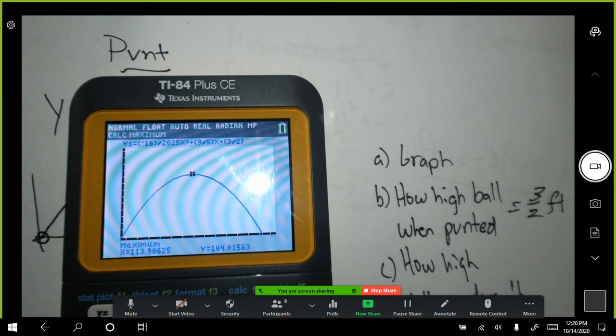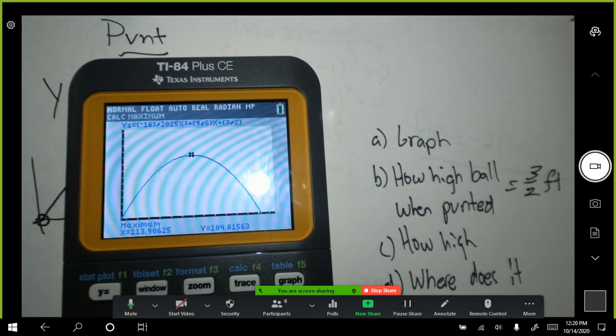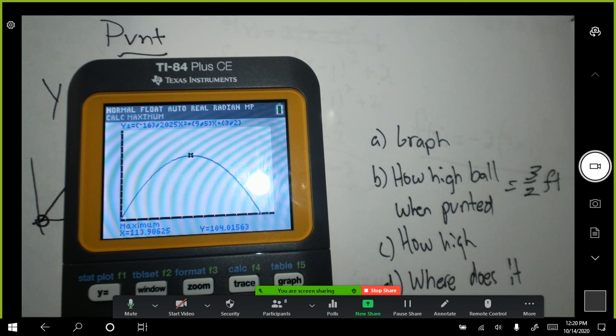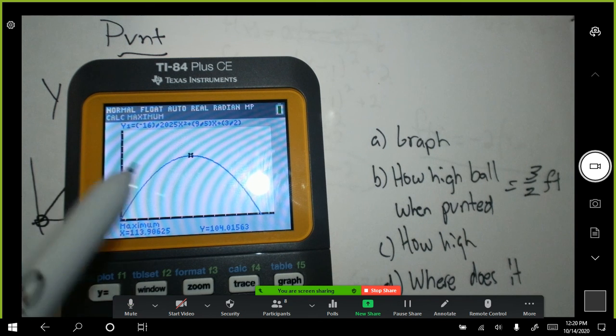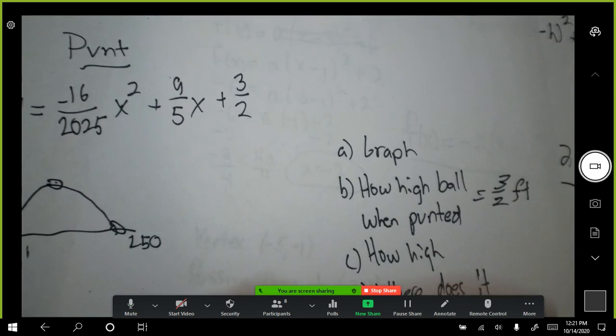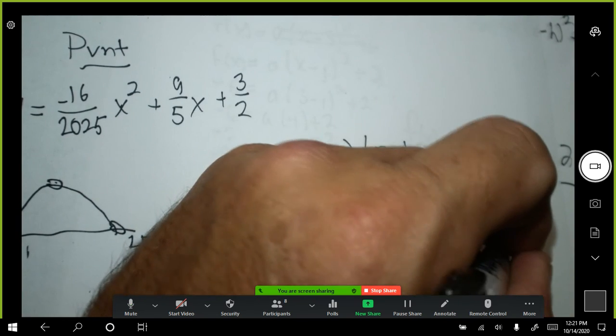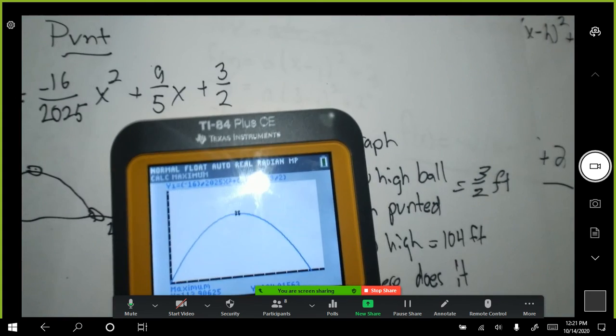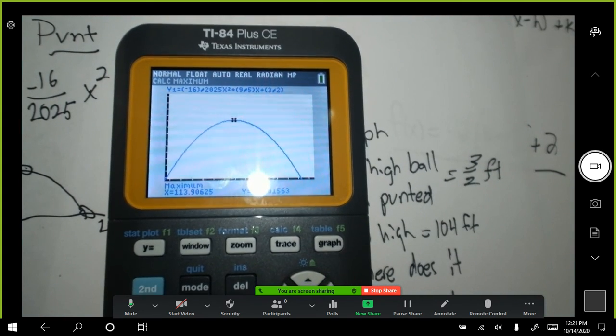Now, I've got 113, 104. Which value is the height? Well, the x coordinate is the time, the y coordinate is the height. So we're looking at the y value. So what is the maximum height? It is about 104. So we use our maximum and minimum value on our calculator.